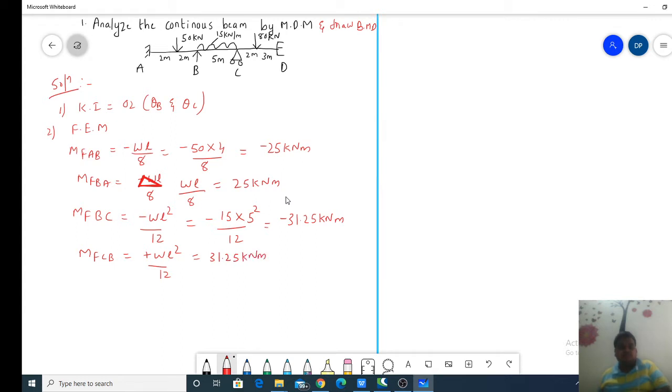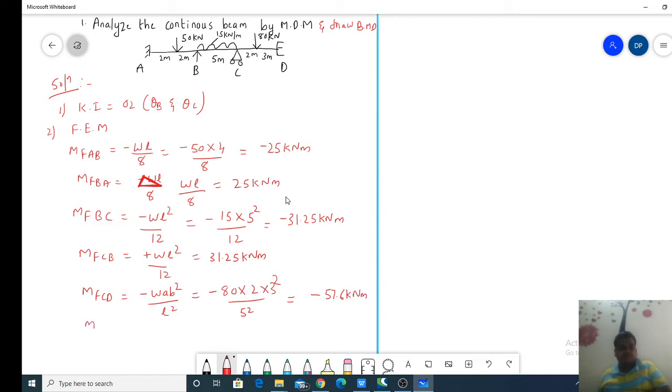Then the last, that is MFCD. This is nothing but minus W A B square upon L square. W is 80, A is 2, B is 3, upon L square, L being 5. If you calculate, the value comes out to be minus 57.6 kilonewton meter.